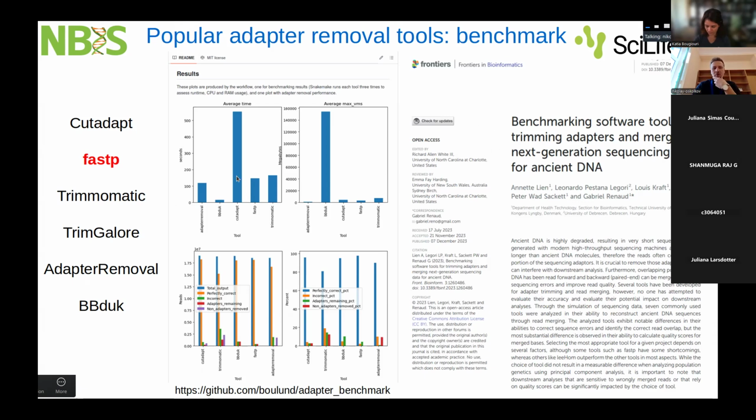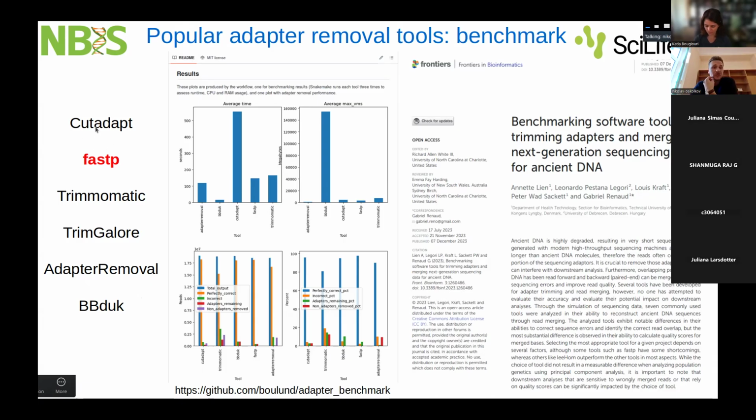But there are actually quite a few benchmarking papers, and my take-home message would be that they all are good, actually. In terms of the error, I think they all are comparable in my eyes. At least this was my understanding from all these benchmarking efforts. But I typically use these two guys, CutAdapt and FastP.